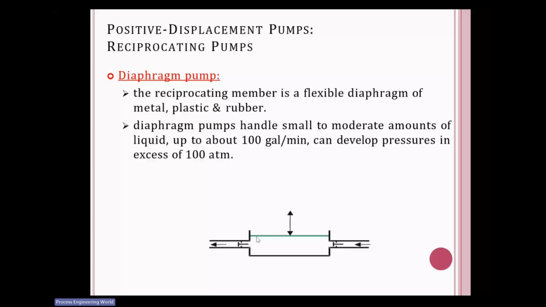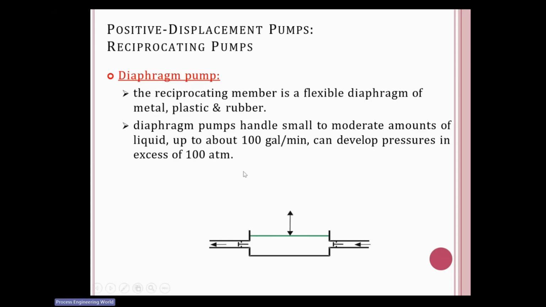Generally, diaphragm pumps are used for low flows, up to 100 gallons per minute. Okay, so it is only used for low flows. Centrifugal pumps can give you enormous volumetric flow rates compared to the diaphragm pump, but centrifugal pumps won't operate and won't give that efficiency at low flows if we compare them with diaphragm pumps.